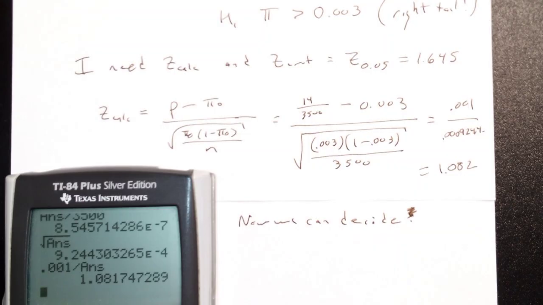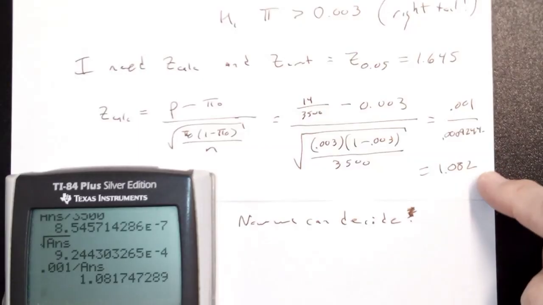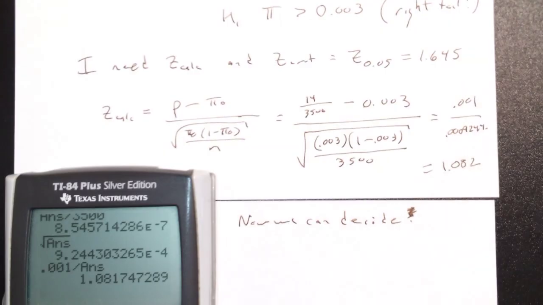How would I make the decision based on this number? You keep it because it's not more than the critical value. We only reject when we're outside. Since we're looking at a right tail, I would need this number to be bigger. It's not.